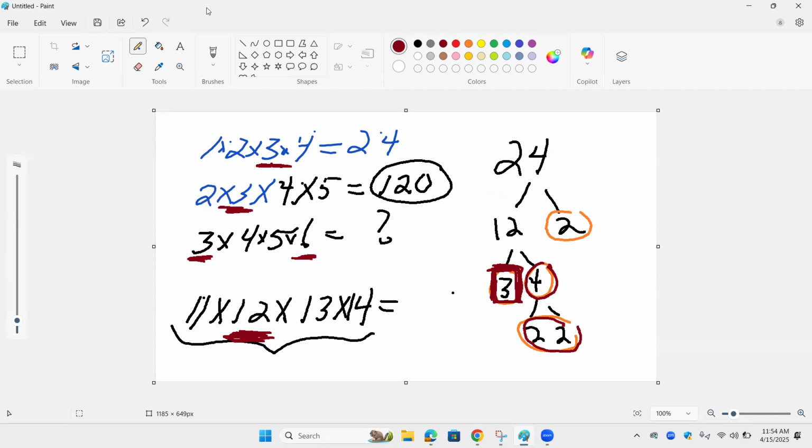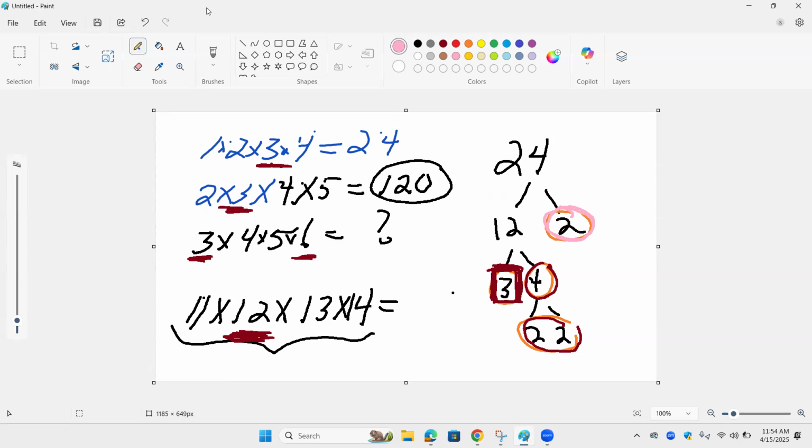And maybe I should have started off with two. If you have four numbers, one of them is going to be divisible by two because every other number is an even number.